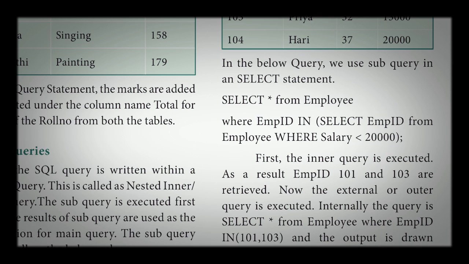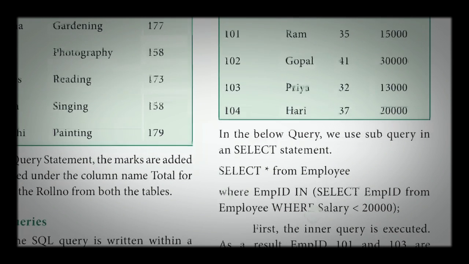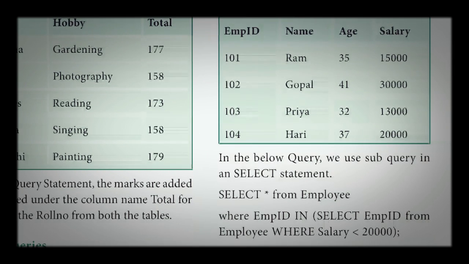This will get the records with salary less than 20,000, and the IDs of those particular employees are used in the original query.